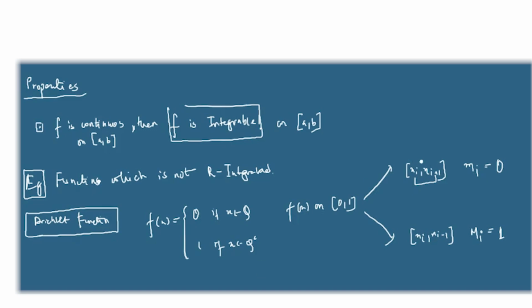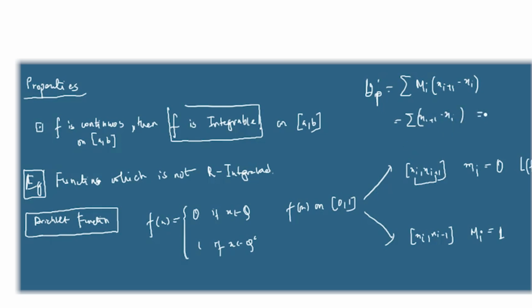So therefore, understand this very carefully. The lower sum, each of the elements will be 0, and the upper sum will be what? For every partition, the upper sum U(f, P) is the summation of M_i times (x_{i+1} minus x_i). M_i is 1, so you get the summation of (x_{i+1} minus x_i), right?